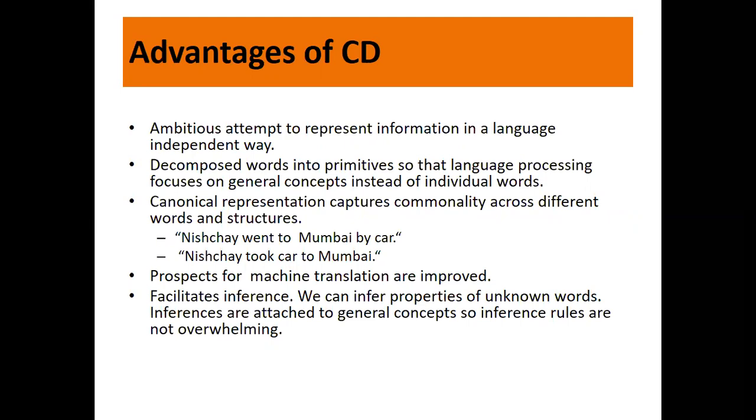Canonical representation captures commonality across different words and structures. Like now, these two statements can be represented using a single CD form. So, Nishchay went to Mumbai by car and Nishchay took a car to Mumbai will be represented using a single structure.